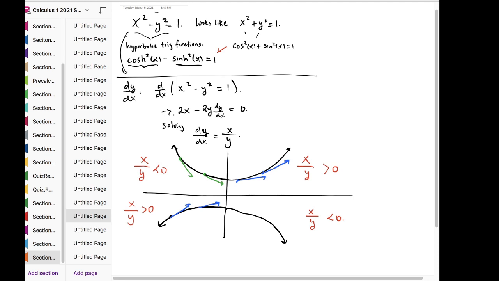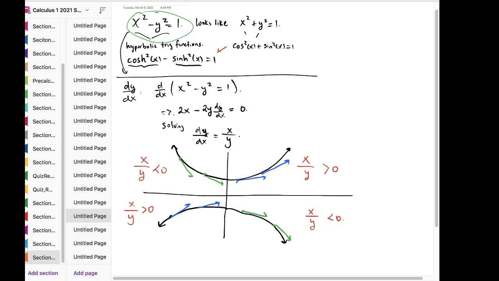And tangent lines here are down. So it's reasonable. This one was actually not a bad one because it's a simple form of the hyperbola.